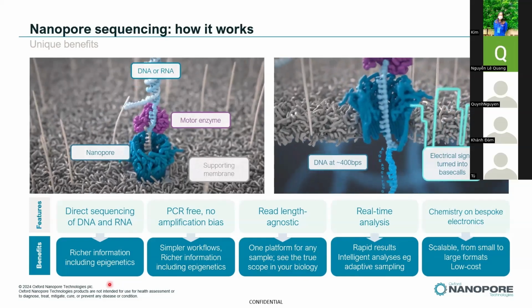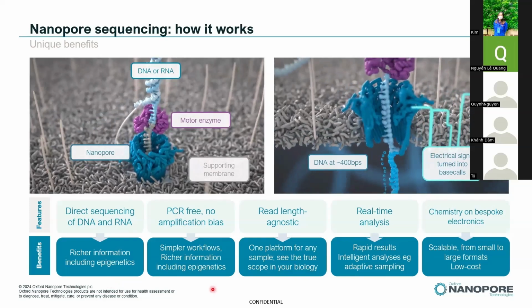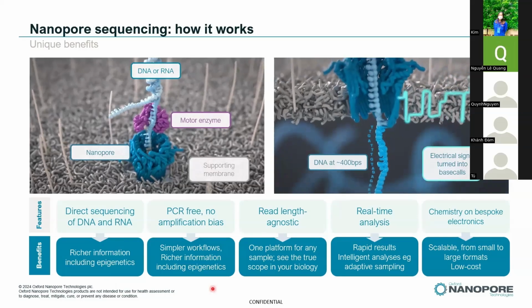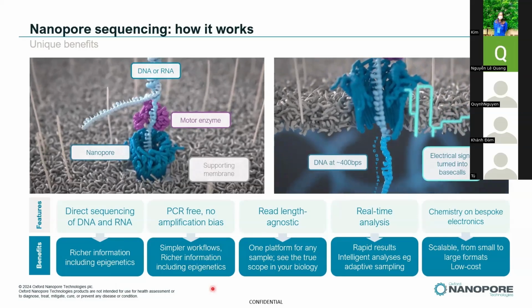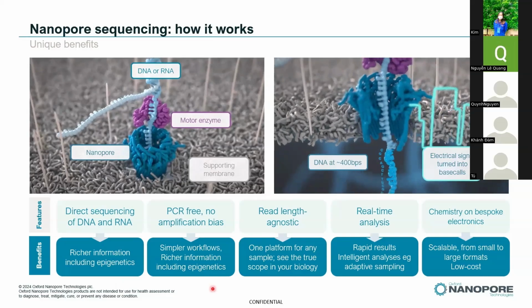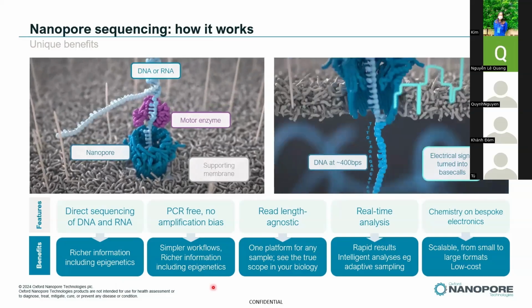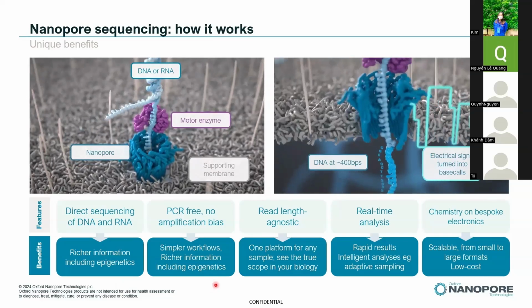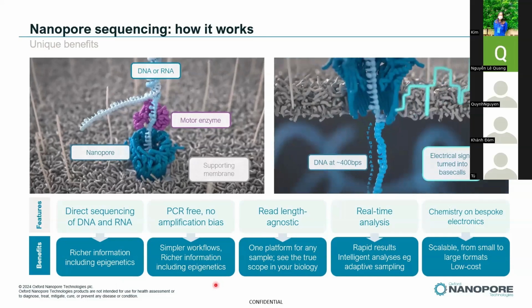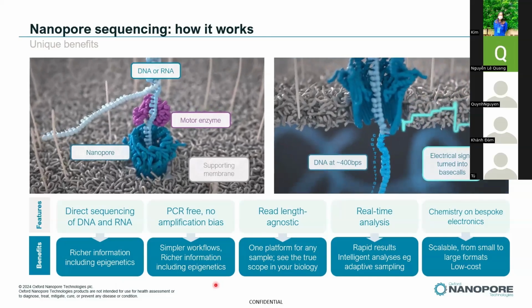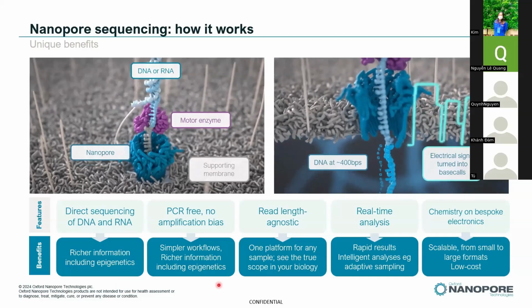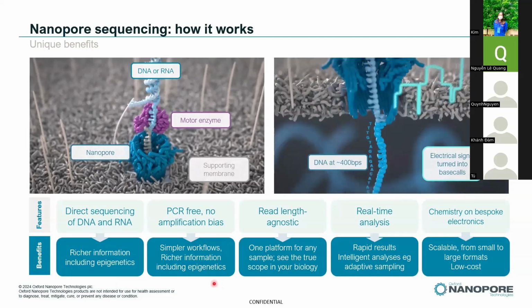And because we are able to do direct sequencing of DNA and RNA without the involvement of PCR, there's no amplification bias. It also means that the entire library preparation workflow is much simpler and much more streamlined.